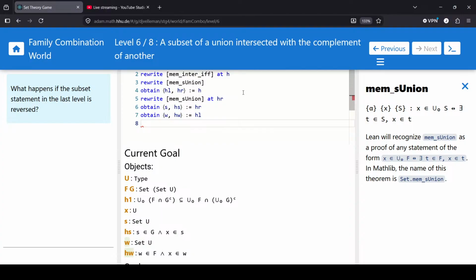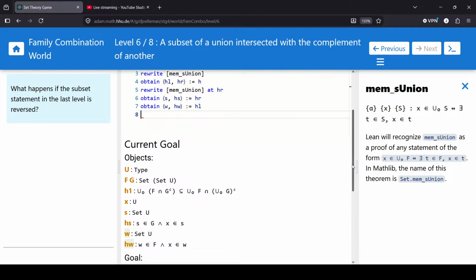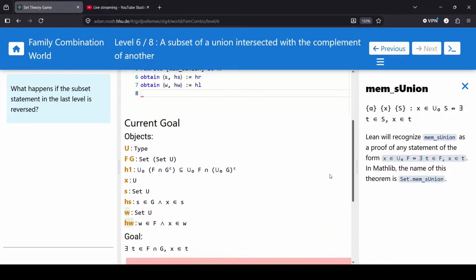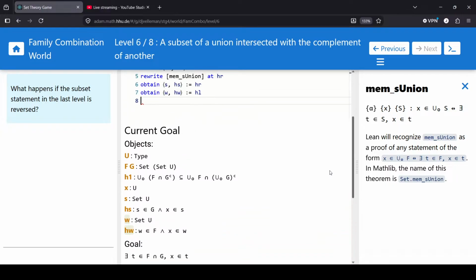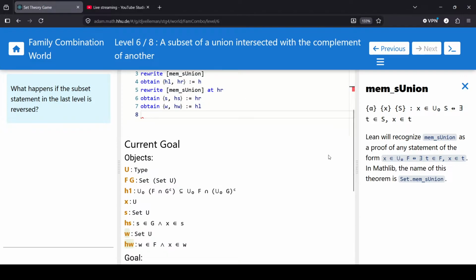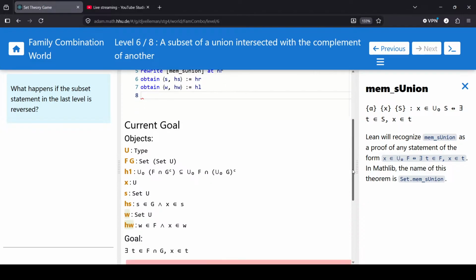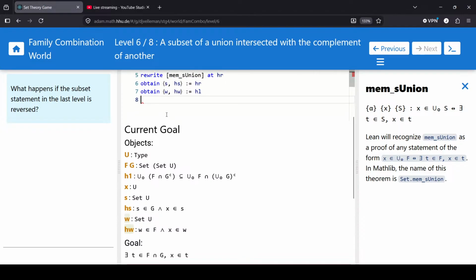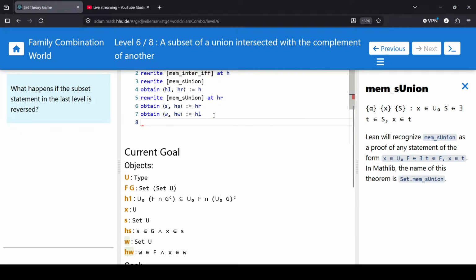W is in F, X is in W, S is in G, X is in S. So I need to break this apart. I need to break them apart.